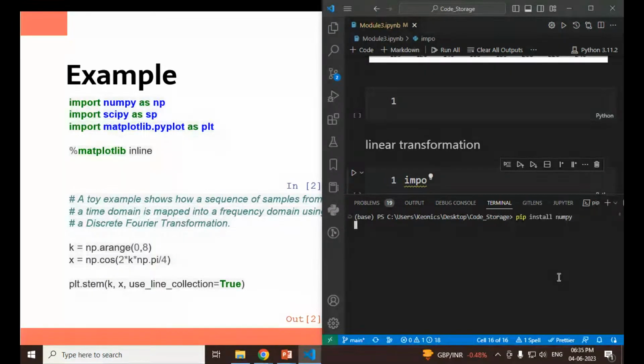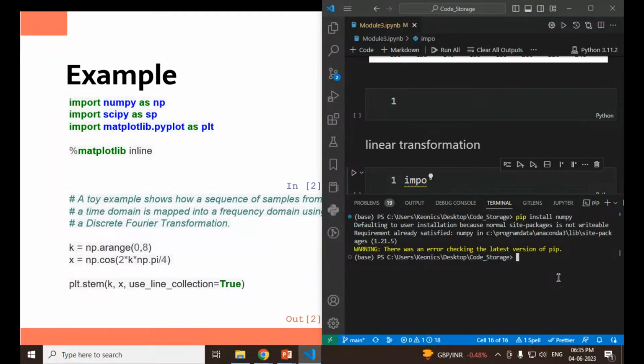Got it, all of you? So it's telling you import numpy as np. Import numpy as np. What are you getting here? I will not import numpy as NP, sir.